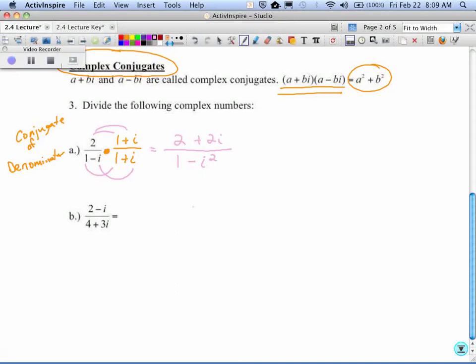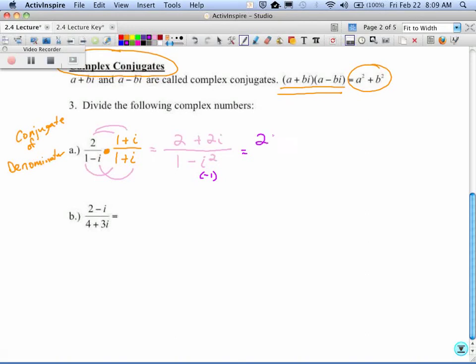What can I simplify? i squared is negative 1. What's 1 minus negative 1 on the bottom? It ends up being 2.